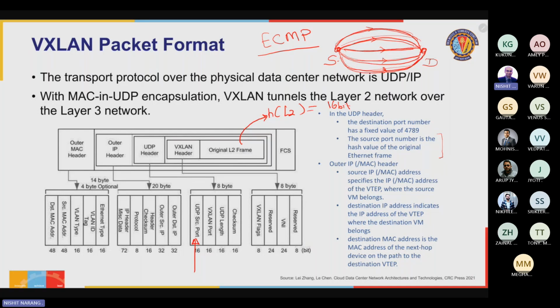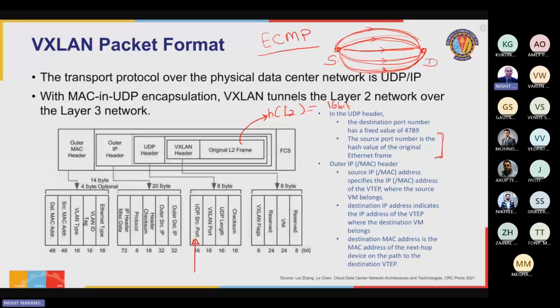VXLAN uses this trick to make sure that the traffic from VM1 to VM2 is actually able to make use of the underlying data center network bandwidth, by getting the traffic between VM1 and VM2 distributed over multiple equal cost paths. Right? So this is a trick that VXLAN uses.